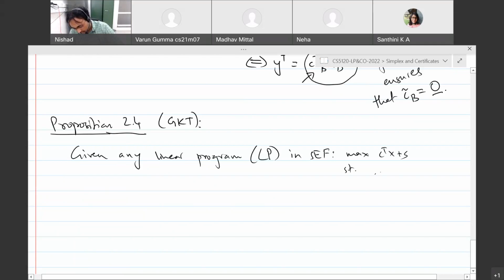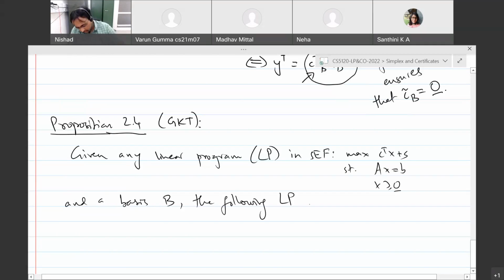So these are our constraints, and the basis B, the following LP is equivalent to the given LP, and it is in canonical form for the given basis.